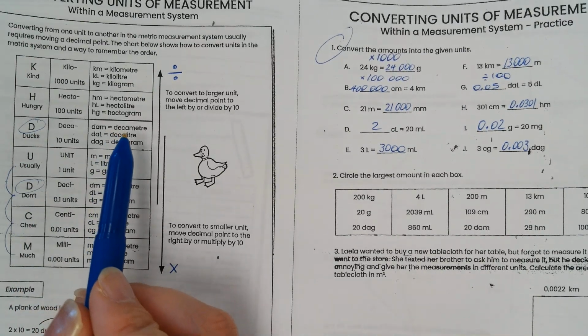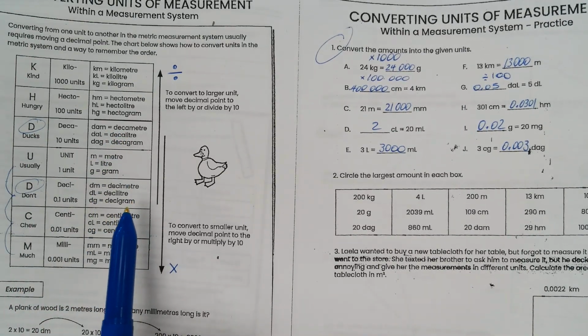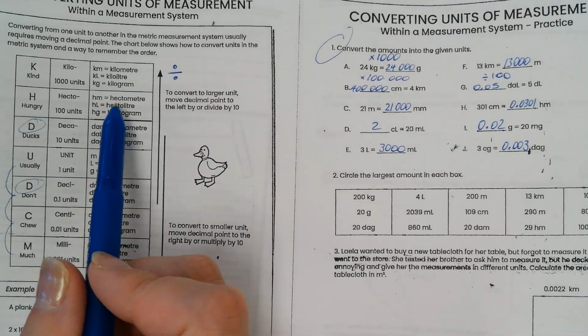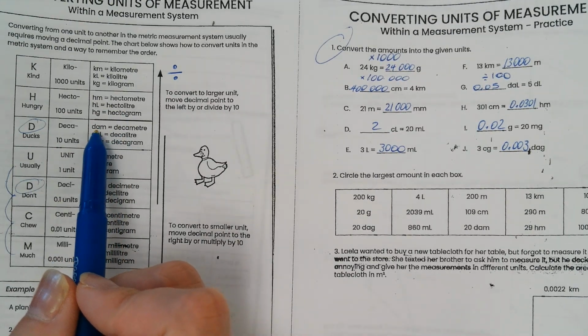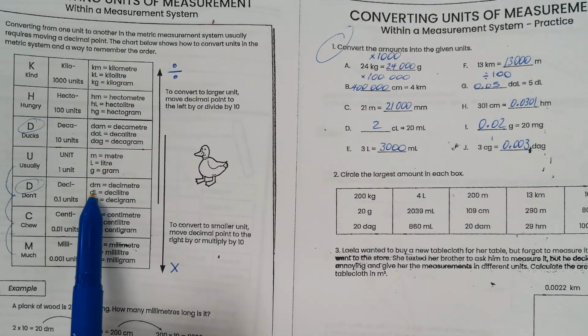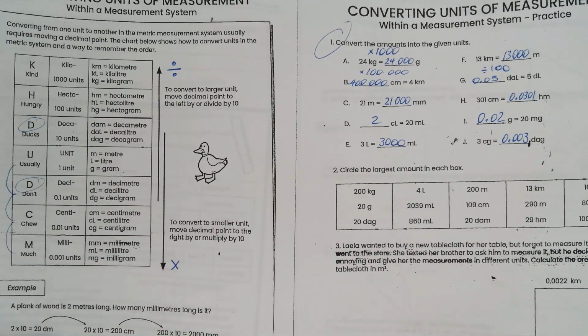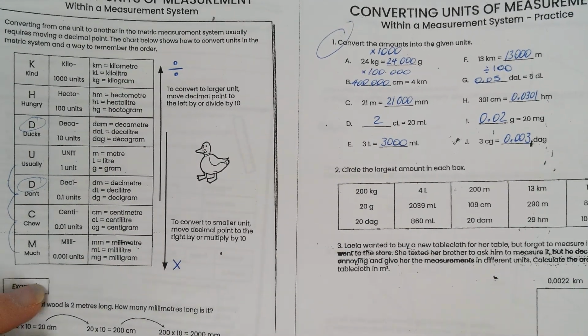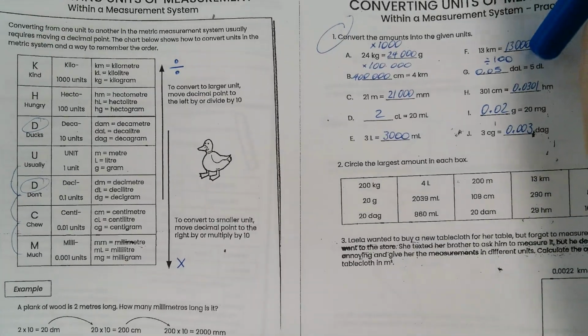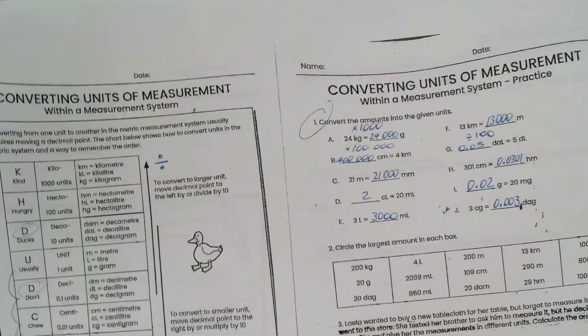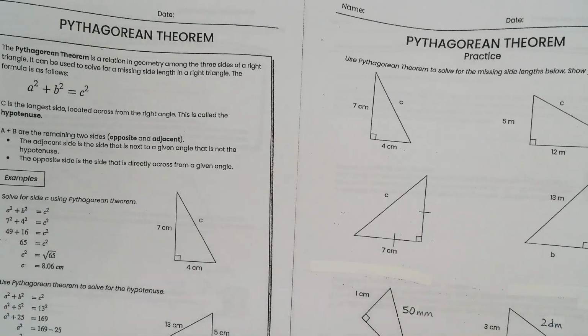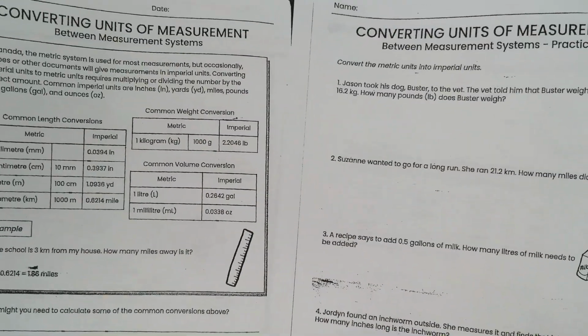The larger one is deca. The smaller one is deci. The abbreviation we use, deca is DA, and deci is just a D. So don't mix these two up. These two are the tricky ones. Out of all the letters, they choose the same one.